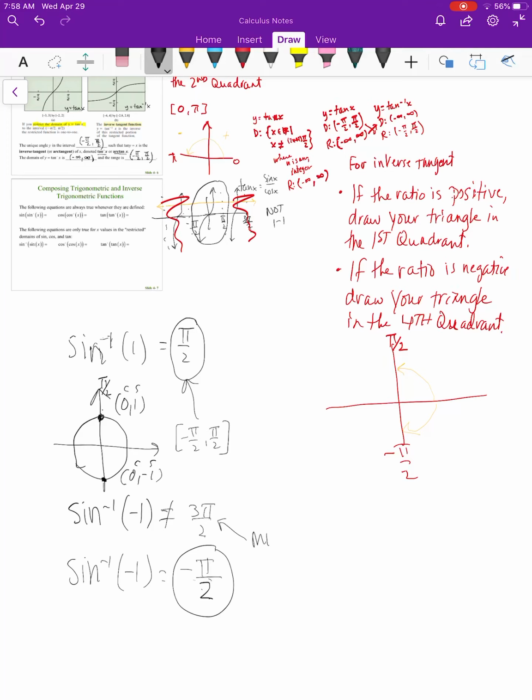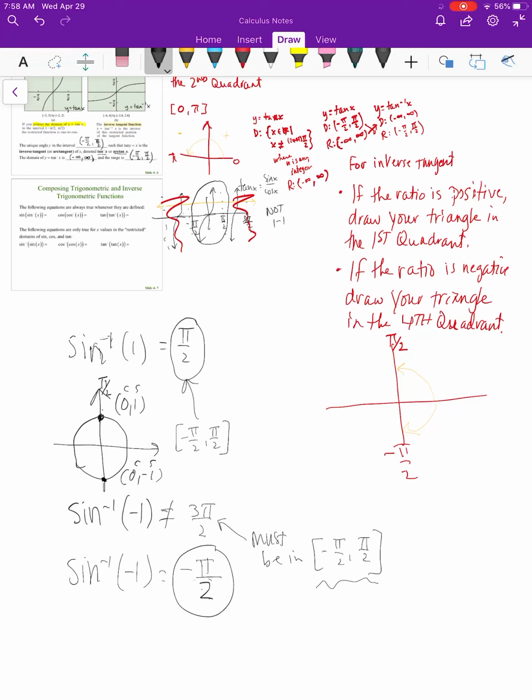Okay? We wouldn't call it 3 pi over 2 because this answer must be in this interval. Okay? So it's a technicality that it's wrong. I know you know that that's also 3 pi over 2.